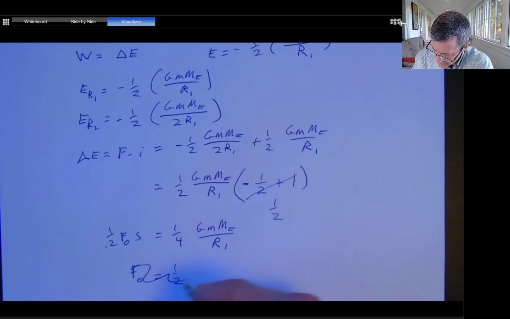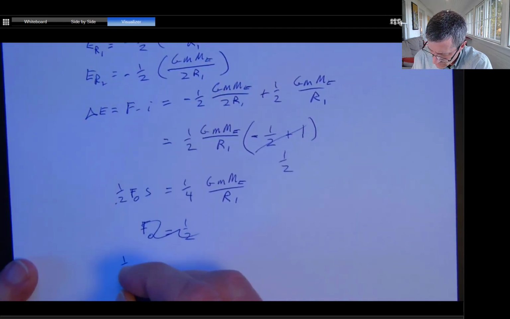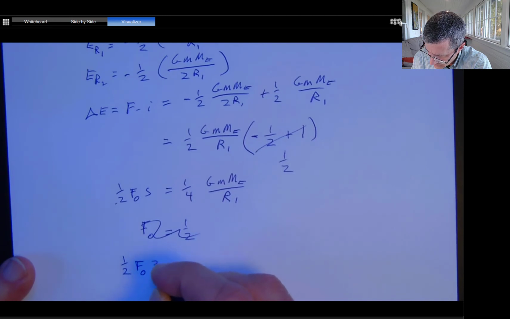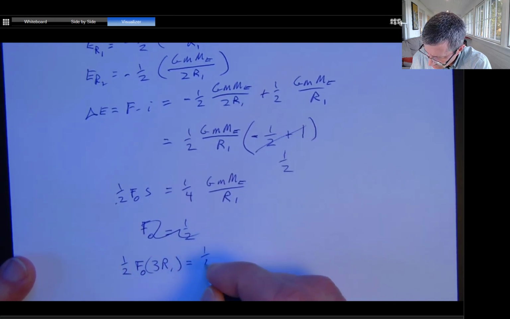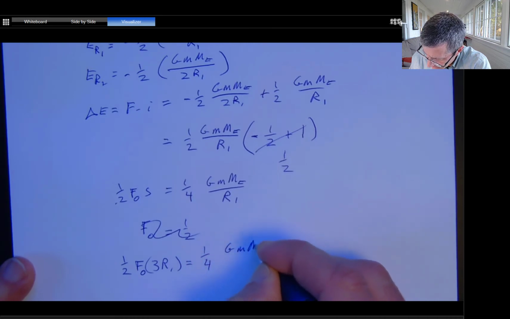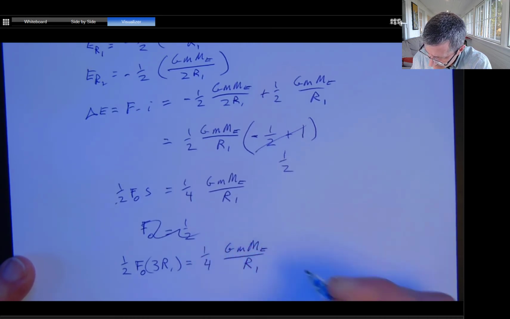Let me write this out a little more clearly. I have 1/2 F naught times 3R1 is equal to 1/4 G M E over R1.